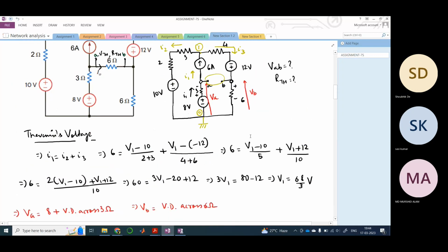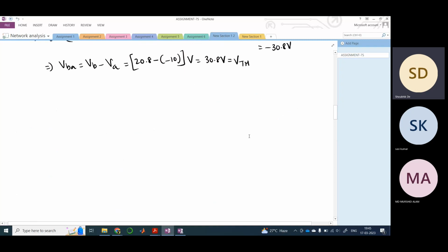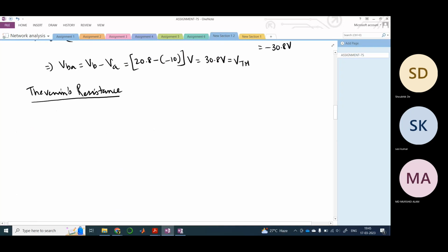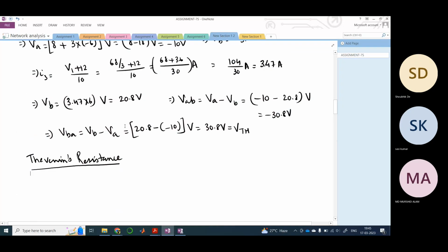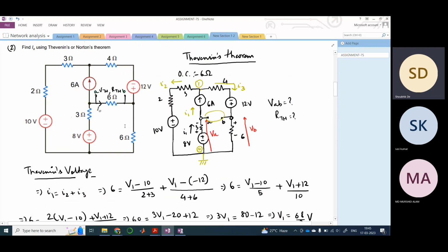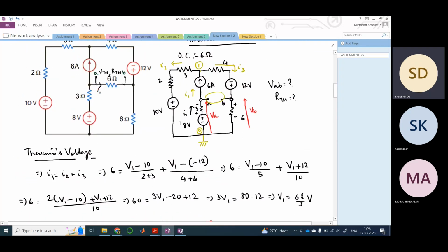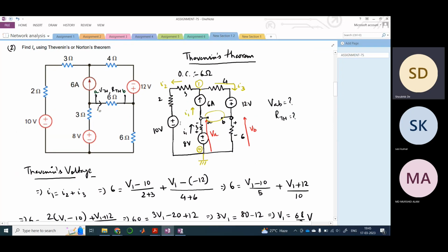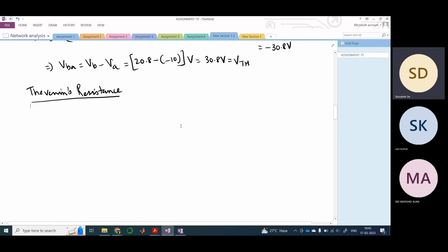Okay. Now, once we have calculated the Thevenin voltage, we will be calculating the Thevenin's resistance. So what would be the Thevenin's resistance? For calculating the Thevenin resistance, we need to follow this rule.